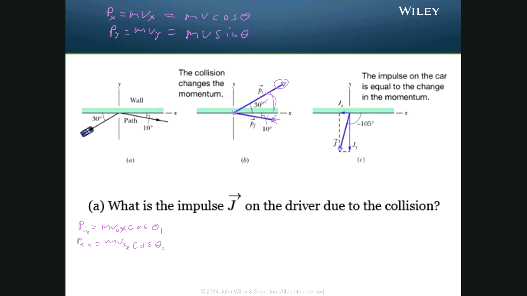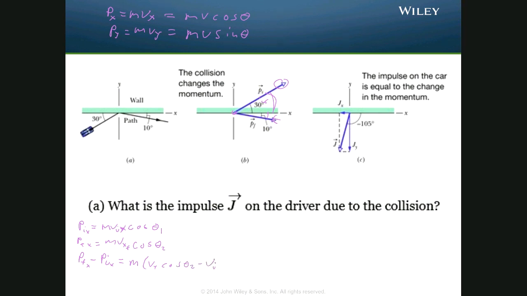And so we can look at the x component first, right? p final minus p initial in the x direction will give us m times v final cos theta 2 minus v initial.